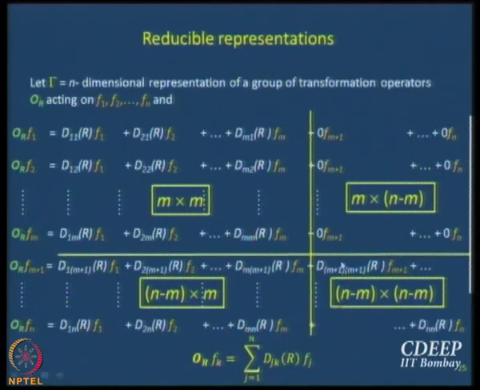Now, if this block is also to be 0, that means none of these original basis functions makes any contribution in the transformed function, right? Or in other words, if everything is 0 here, OR Fn equals what? 0.